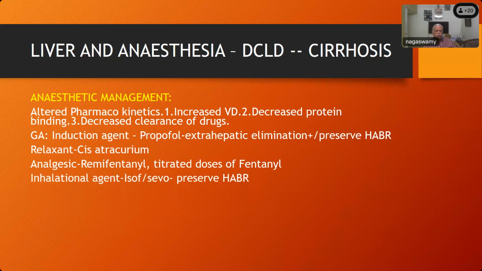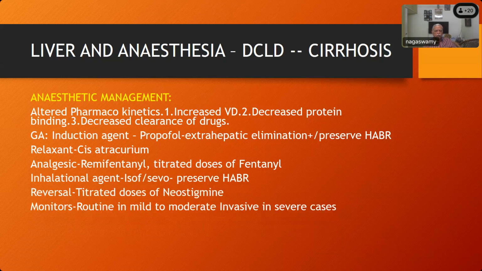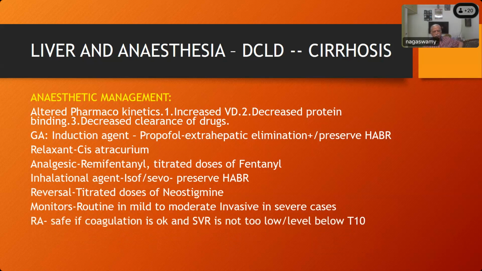Inhalation agents, isoflurane and sevoflurane, again with the idea that they preserve the hepatic arterial buffer response. Reversal with titrated doses of neostigmine. Monitor between mild to moderate in severe cases. So in the CTP B or C group, you have to go for invasive monitoring, but be aware of the coagulation profile.